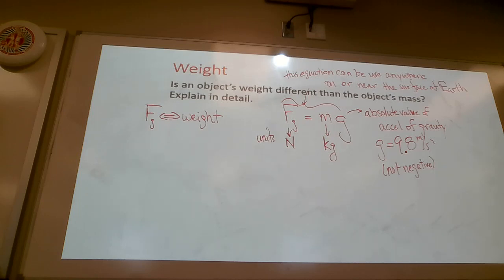I want you to find your weight in newtons using that equation. We just found your mass in kilograms, taking your pounds divided by 2.2. So 2.2 is the conversion factor between pounds and kilograms. But I want you to use that equation to figure out your weight in newtons.